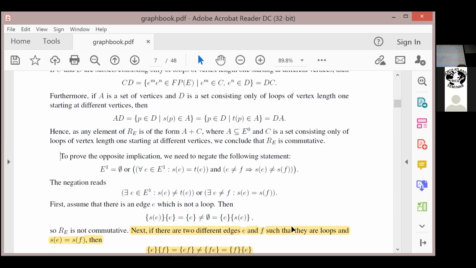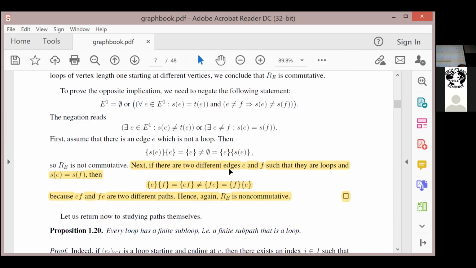This is an identical argument, except instead of writing curly braces signifying subsets, I write chi. So I would have here chi of SE times chi of E, and instead of the empty set, I would have 0. So I decided not to rewrite it in the case of path algebras.